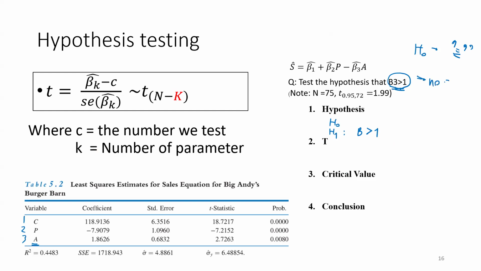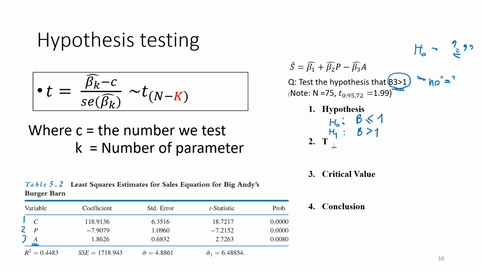So beta 3 greater than 1 is in H1, no equal. Then you pair it with H0, which means beta 3 less than or equal to 1. You have to keep remembering this one because you will use it a lot in the future when you have to set the hypothesis.